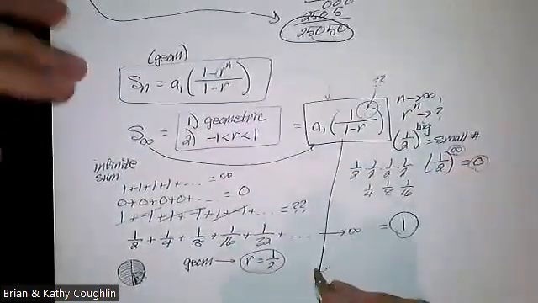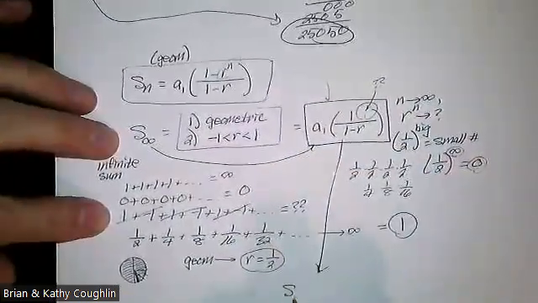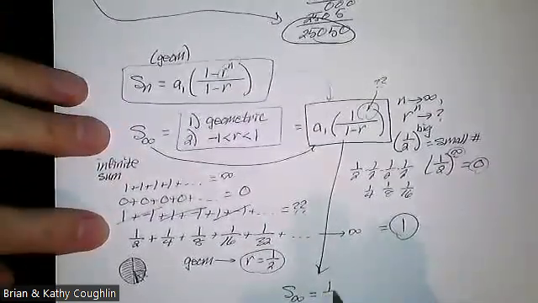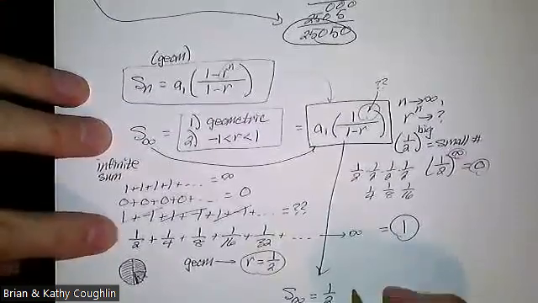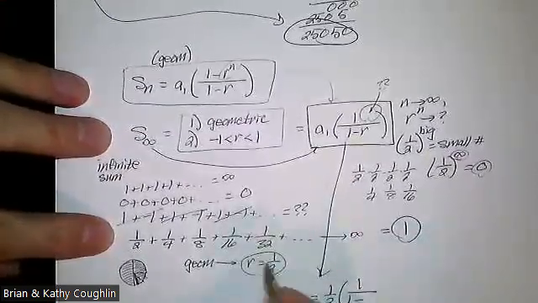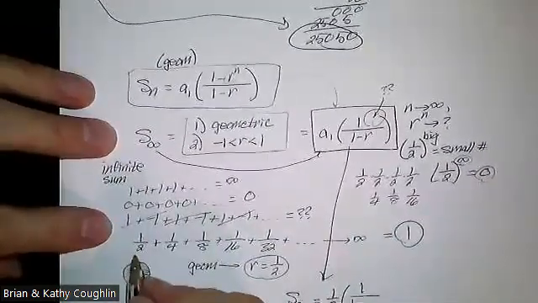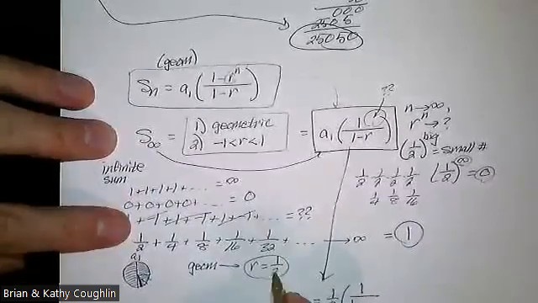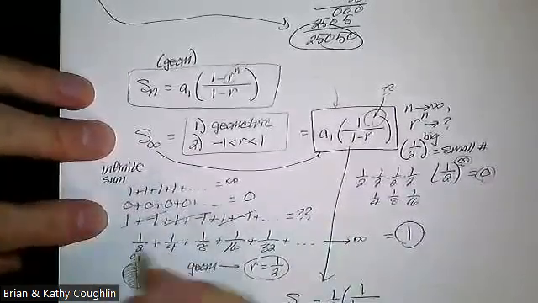Let's try it. The formula: S infinity is equal to A1, which is 1/2, the first term. And then we multiply it by 1 over 1 minus, what are they multiplying by? Now, this is kind of funny because the first term and the value of R are identical. That's a coincidence. I could have started with any number at all.